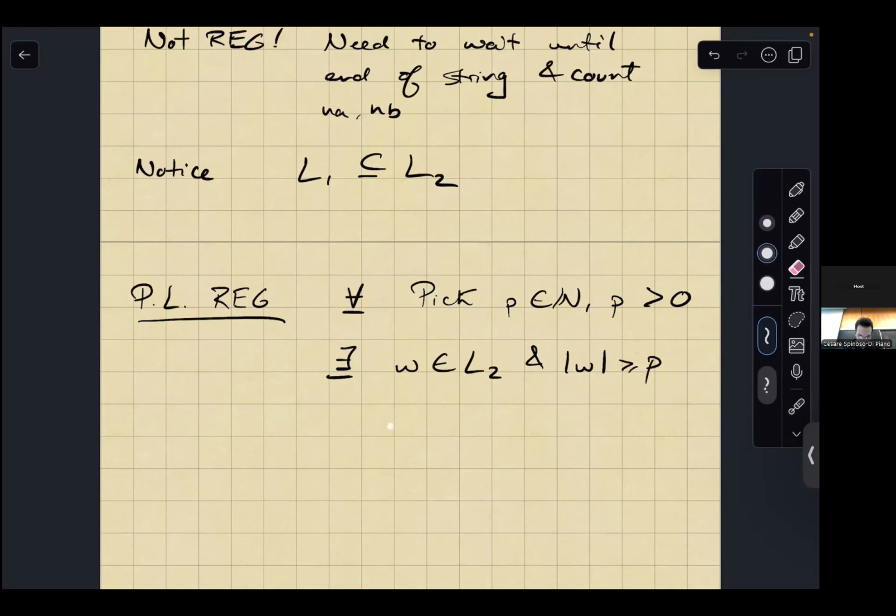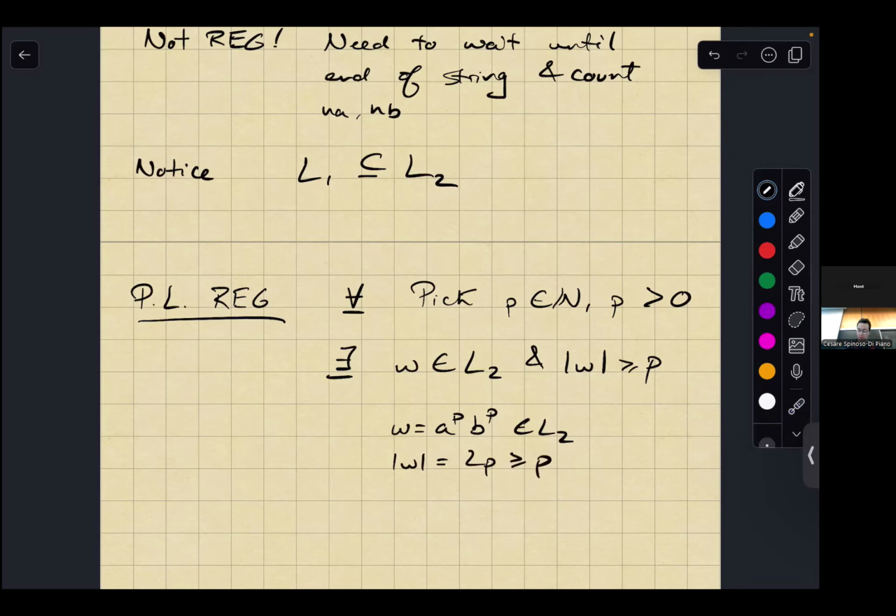One possibility might be w is a^p b^p, right? This is in L2. The number of A's and the number of B's are equal, so their difference is 0, right? And the length of w is 2p, which is definitely greater or equal to p.